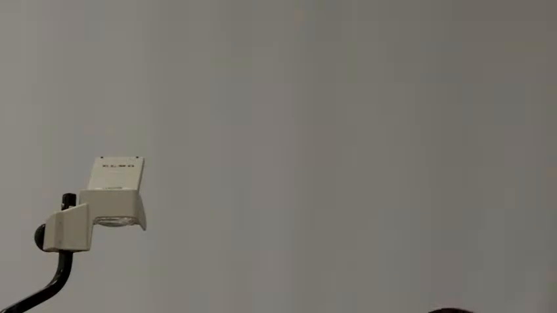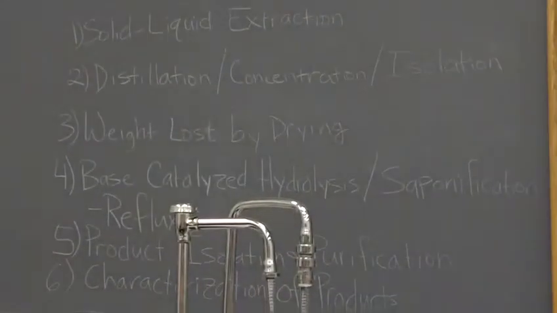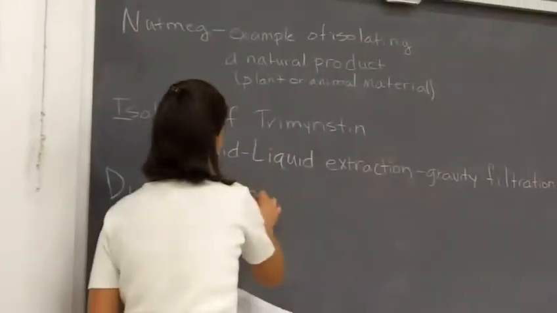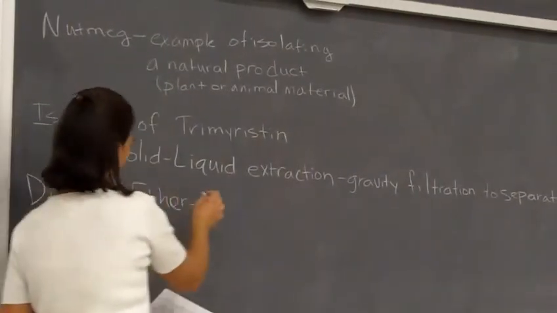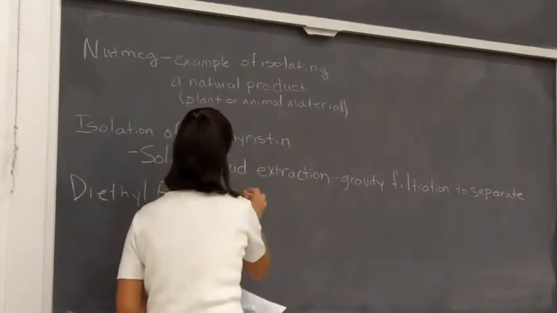So in using the diethyl ether, the other thing is we have to be careful of some of the properties of the ether. When we talk about diethyl ether, it can be referred to as many things. Diethyl ether is also the same as ethyl ether.